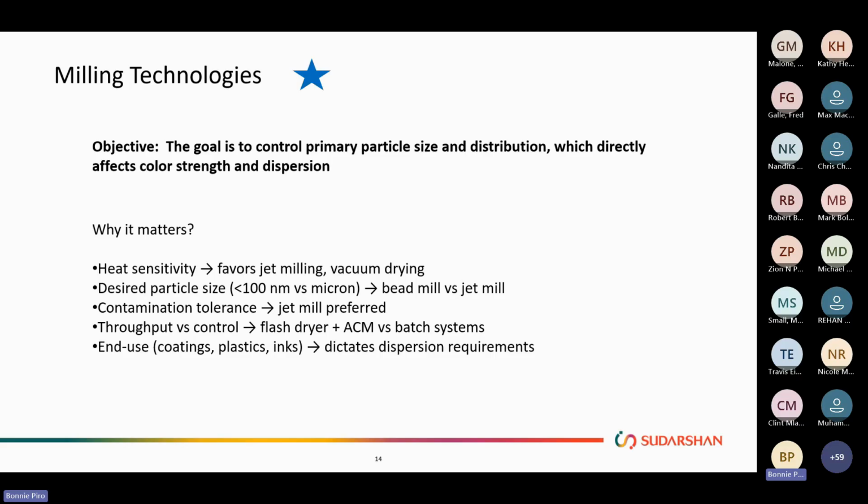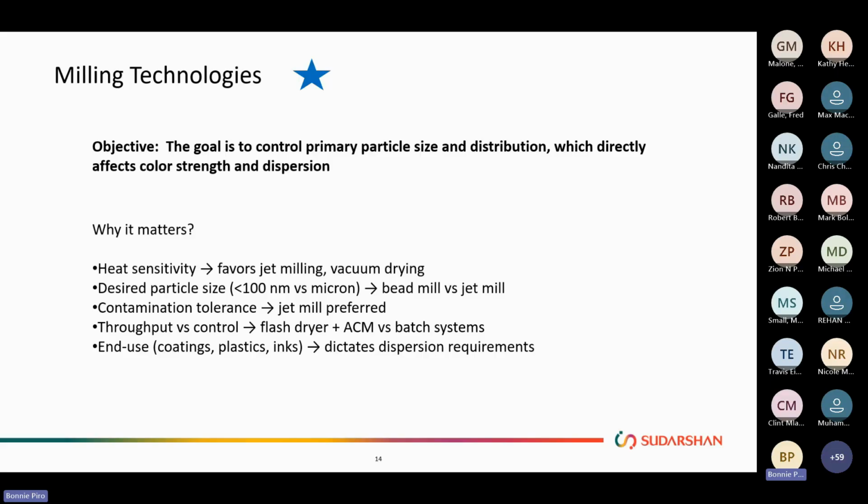Particle size depends on the end application. Again, the higher the application, the more important particle size and distribution tend to be. Contamination, we talked about, for example, inkjet performance, is where the jet mill would be the preferred choice for the product.